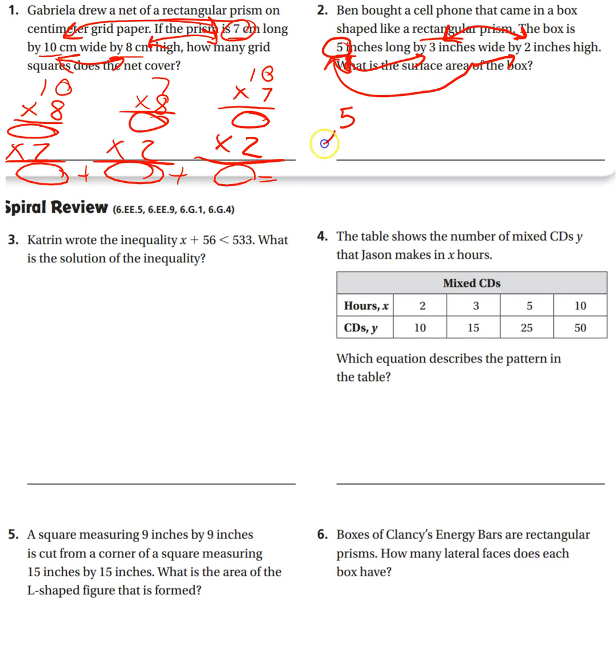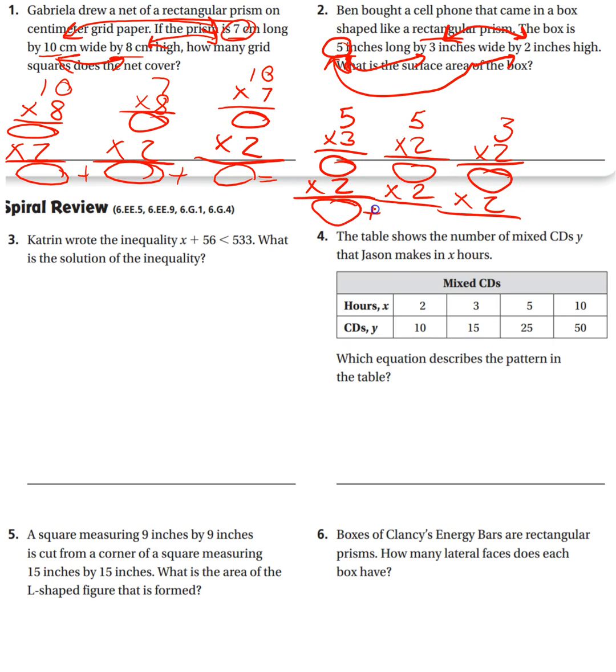So 5 times 3, get an answer, multiply it by 2. 5 times 2, get an answer, multiply it by 2 for the front and the back. And then 3 times 2, get an answer, multiply it by 2. Add all these up, and that will give you your final answer.